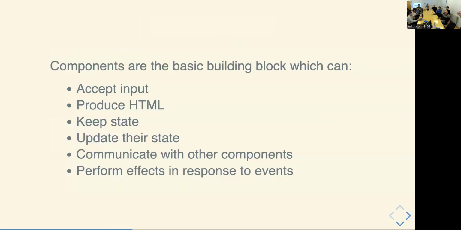So they have this basic building block, and components can do tons of stuff, can accept input, they produce HTML that the user can see, they keep their own state, they can update their state based on what the user does, they can communicate with other components and perform effects in response to events either from the server or from the user. So it's quite a complex basic building block.